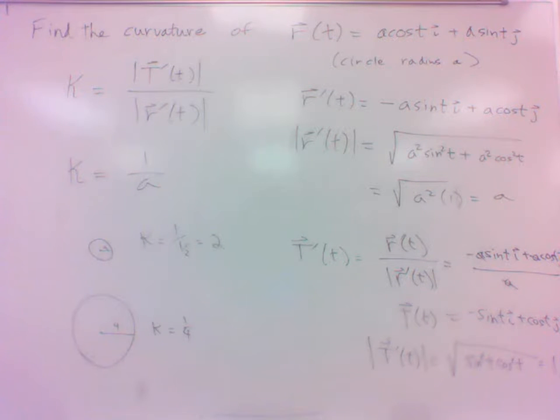So remember, the direction is changing based on the arc length. Going out further from one point to another, you get less curvature than that same arc length down here. It's much more curvy, right? So, makes sense.